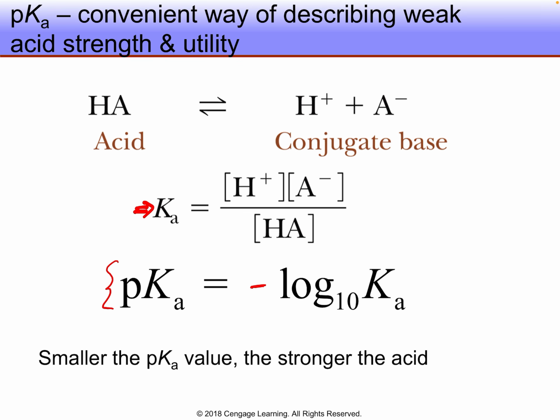And the smaller the pKa value, the stronger the acid. And it's worth pointing out that pKa, just like pH, goes from 1 to 14. So something that has a pKa of 2 is a relatively strong weak acid. Something that has a pKa of 9 is actually considered a weak base. So it's a poor acid.